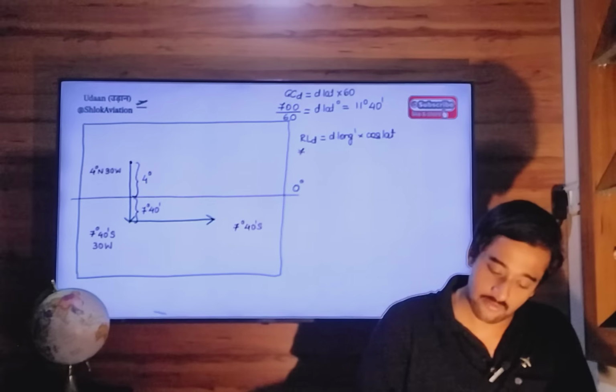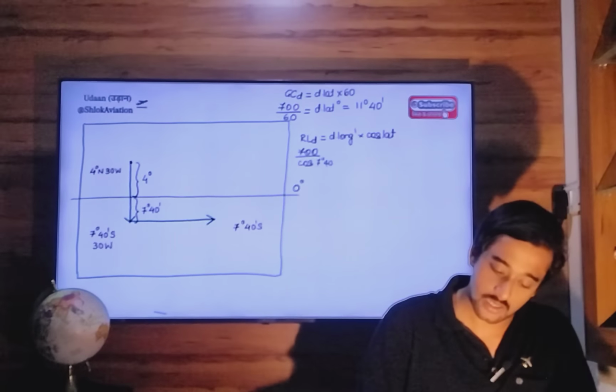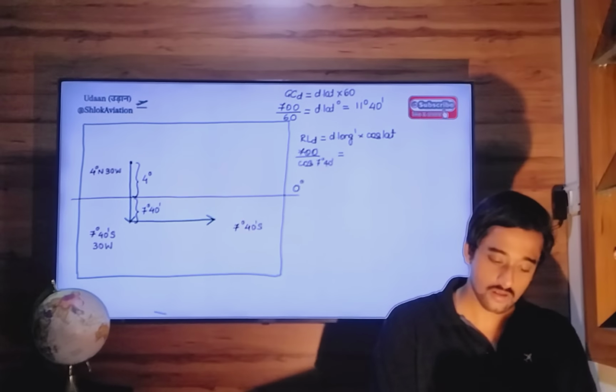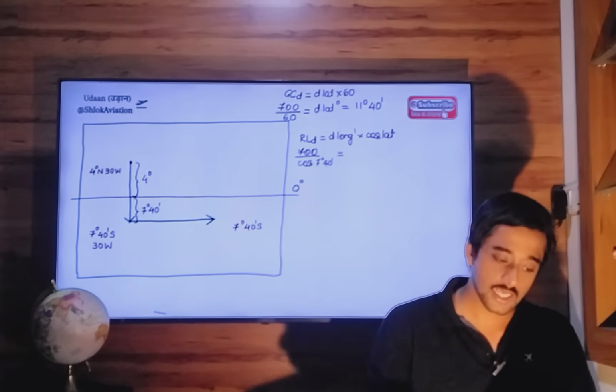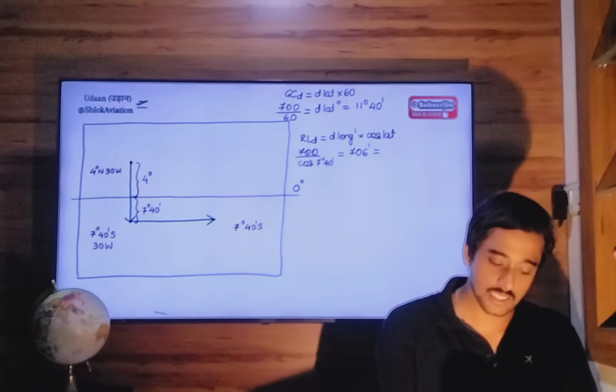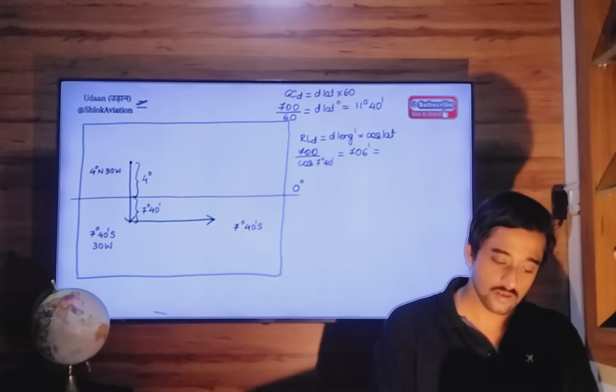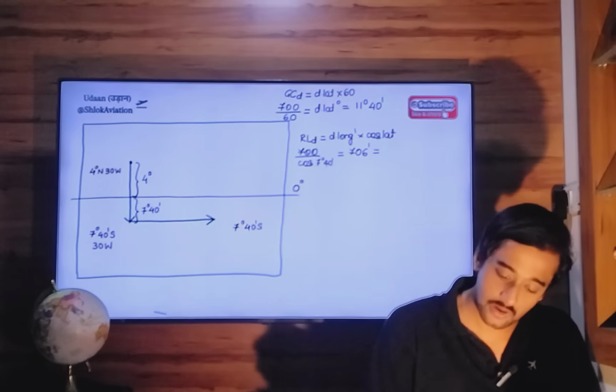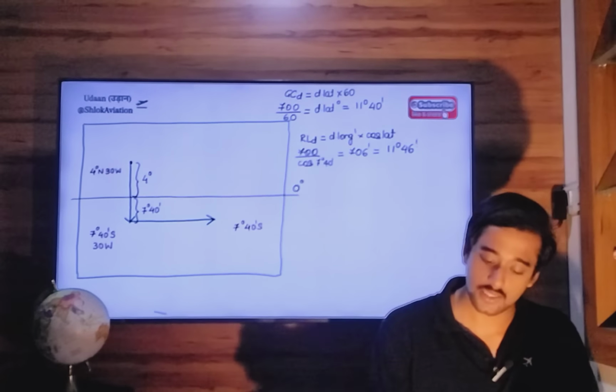So 700 divided by cos 7 degree 40 minutes equals 706 minutes, divided by 60, that is equal to 11 degree 46 minutes.